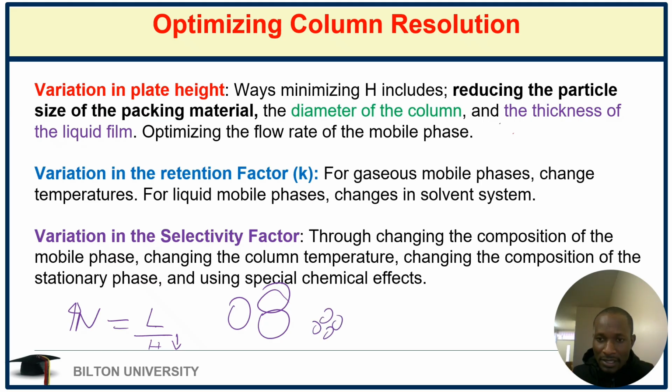This bigger packing material is going to contribute to the multiple path term in the Van Deemter equation, if you remember, A, the multiple path term or eddy diffusion. So we need to minimize this particle size into a smaller particle size in the packed columns.